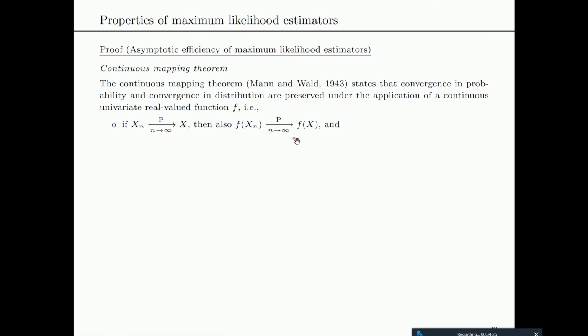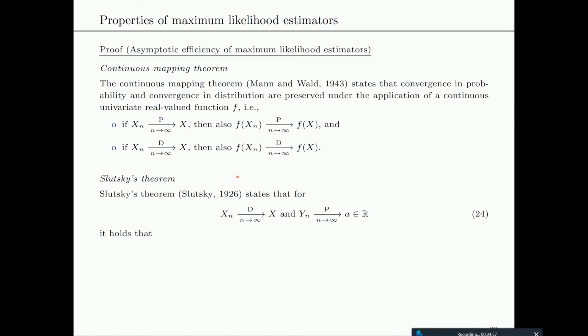And again, you would need to show that based on the definition of convergence in probability, but we don't do that, and we just establish that this holds. So essentially, convergence in probability is invariant to the application of continuous univariate real-valued functions, and the same thing holds for convergence in distribution. And for proofs, look into this paper.